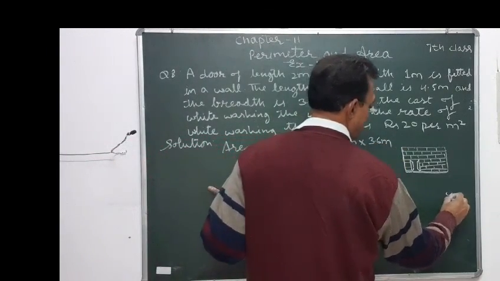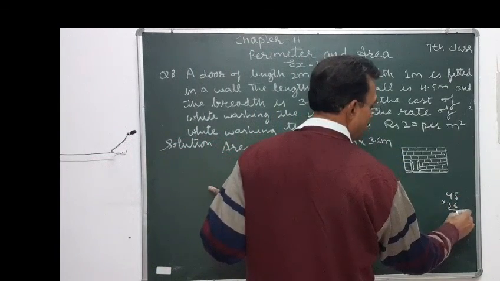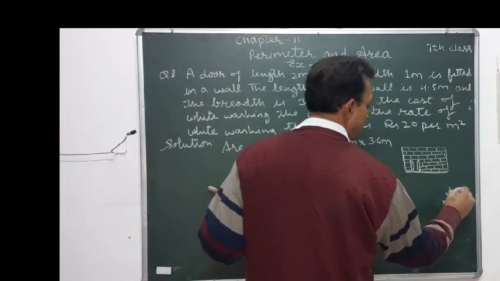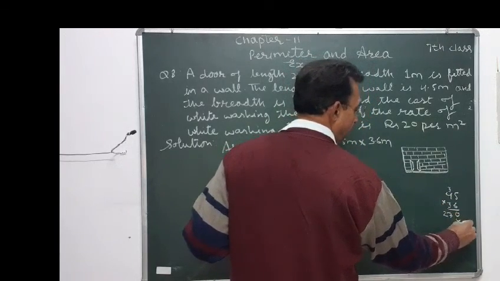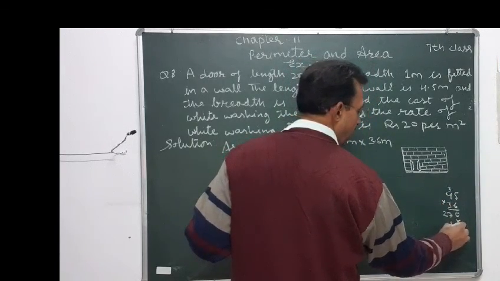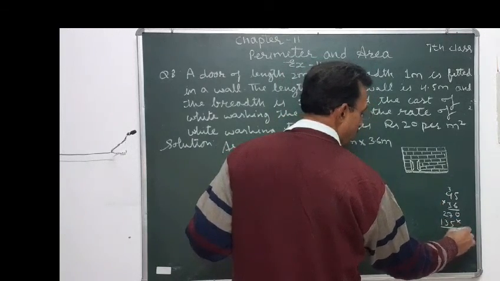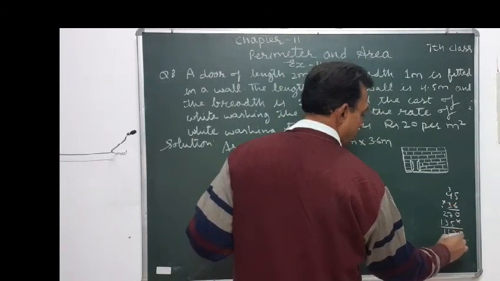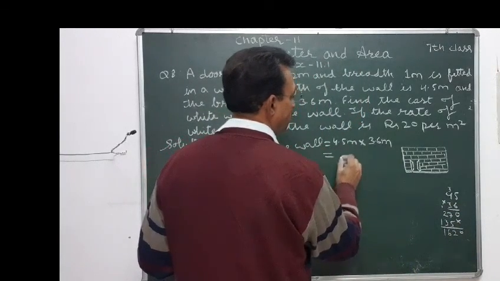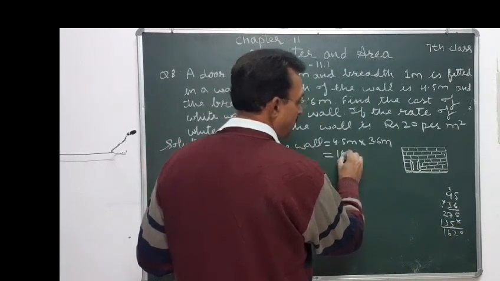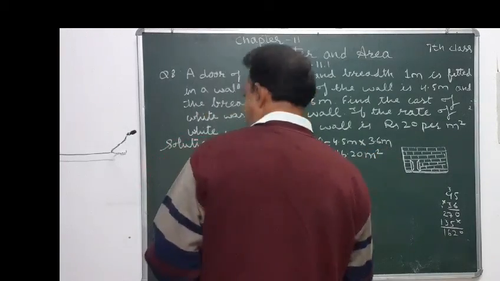So this is equal to, 6 into 5 is 30, 6 into 4 is 24, and 3 is 27. 3 5s are 15, and 3 4s are 12, and 30. 0, 12, 6 and 1. So this is equal to 16.20 meters square. Right.